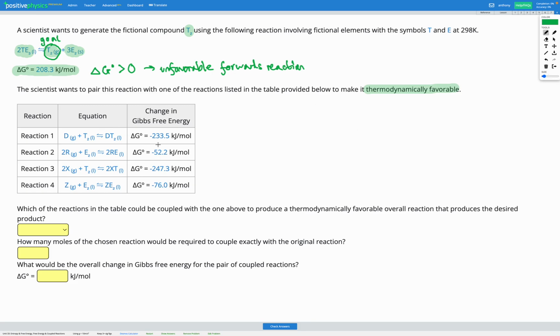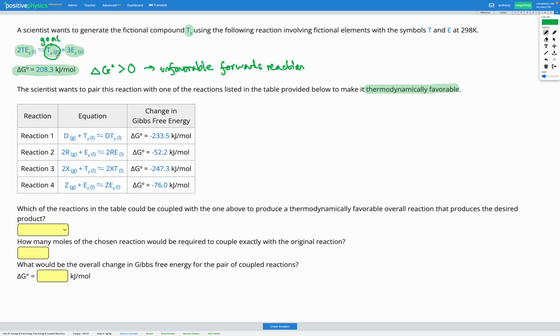Let's start by going through our reactions and figuring out which of these could pair with the reaction we've been given to produce a thermodynamically favorable reaction that has delta G naught less than 0. So let's look at this one first. In reaction 1, we're going to combine D, a new element that didn't appear so far in our reaction, with T2 that was produced here to produce DT2.